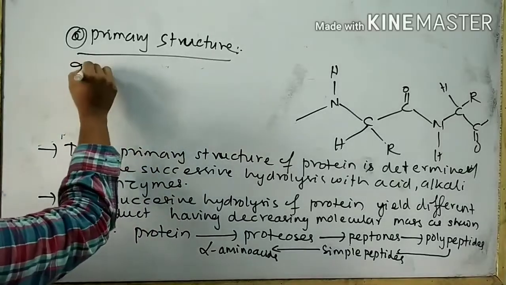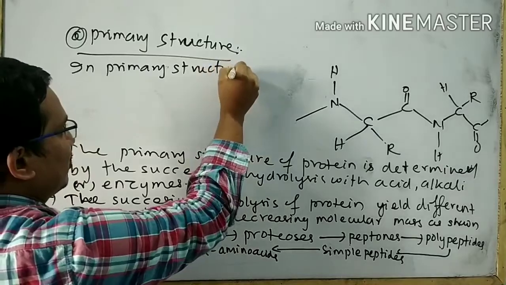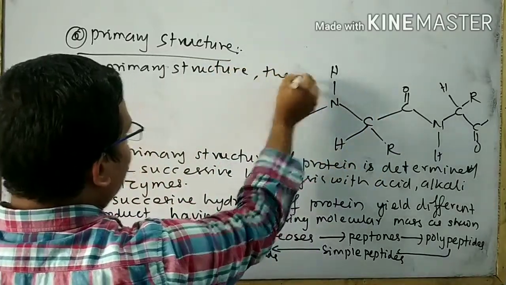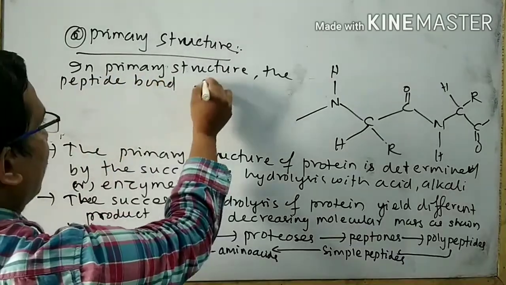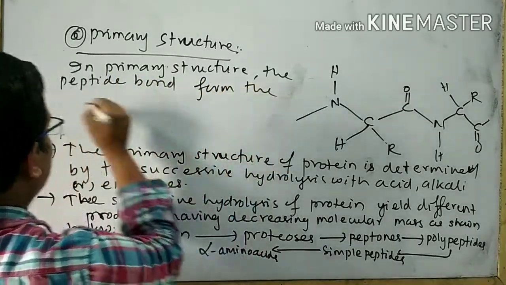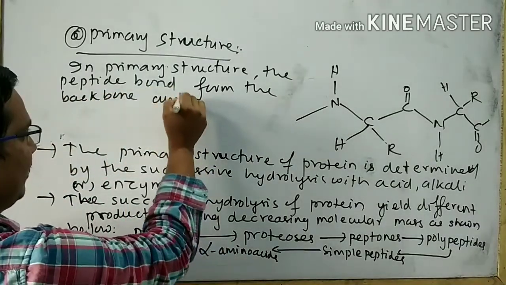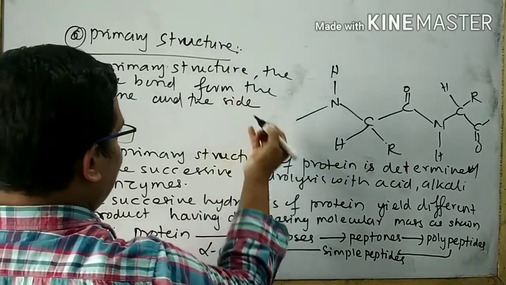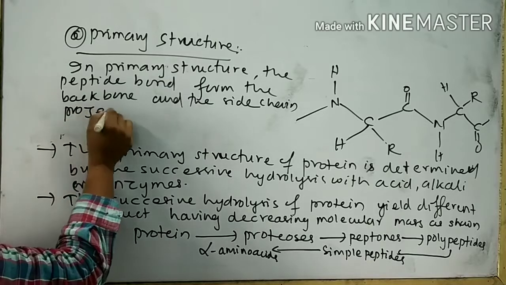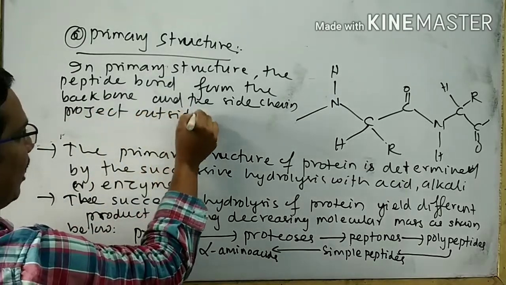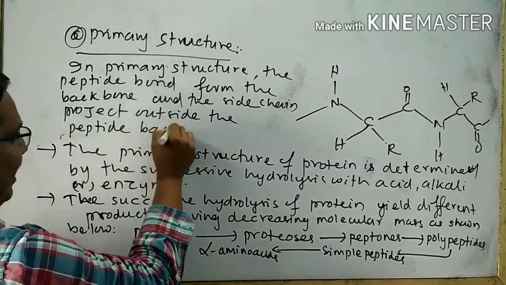So we can write, in primary structure the peptide bonds form the backbone and the side chains project outside the peptide backbone.